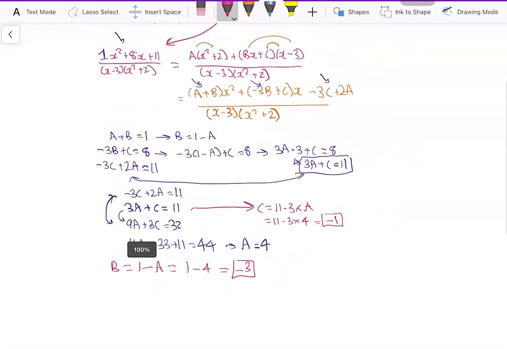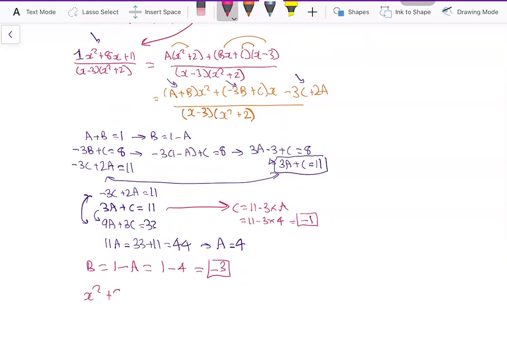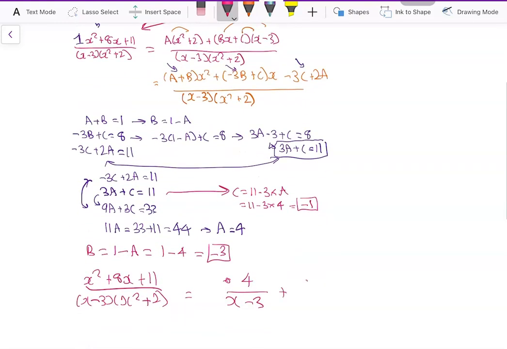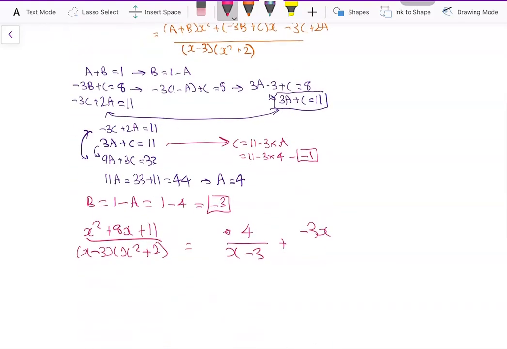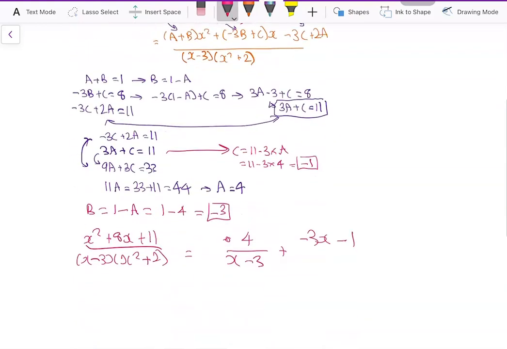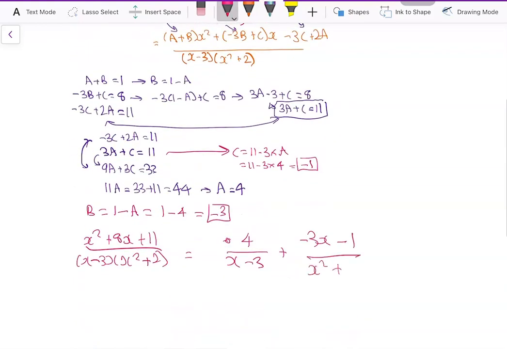So now the partial fraction will be (x squared plus 8x plus 11) over (x minus 3)(x squared plus 2) is equal to a, which is 4 over x minus 3, plus (b, which is minus 3x, plus c, which is minus 1) over x squared plus 2. Okay, so that is the partial fraction decomposition.